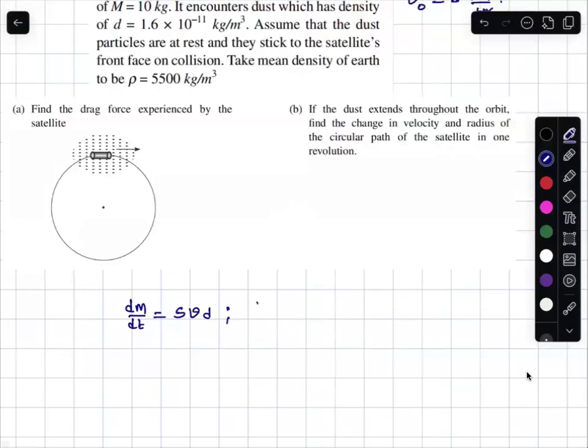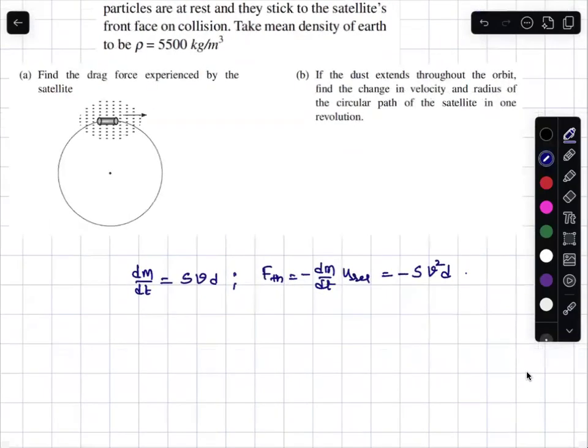And from system of variable mass, you know the thrust force is minus dm by dt times u relative. It is nothing but V only. So therefore, this is going to be minus S V square rho. That is the thrust force. In fact, it is a drag force here, which means if this is the direction of motion, the drag force is in this direction. And the drag force is nothing but S V square rho.